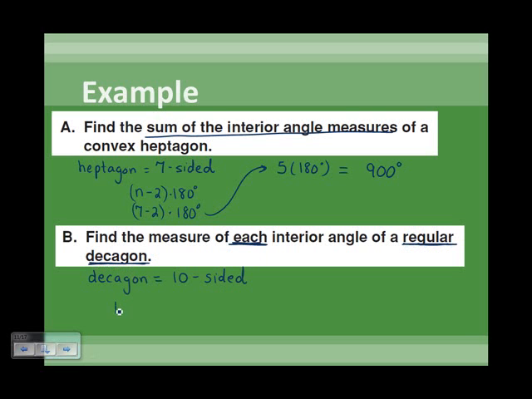So I'm going to use the sum again and do (n minus 2) times 180, and that would be 10 minus 2 times 180, and take it up here, would be 8 times 180.